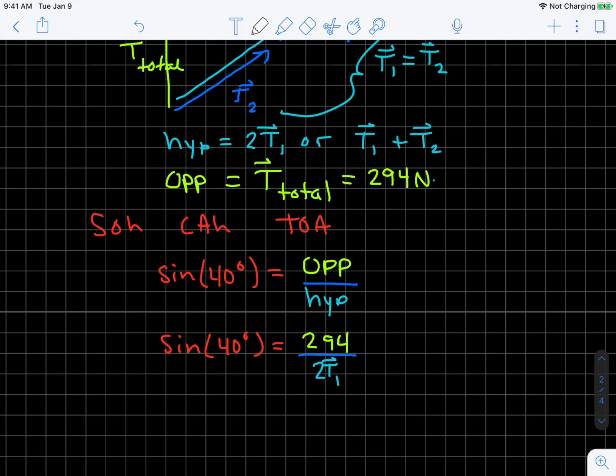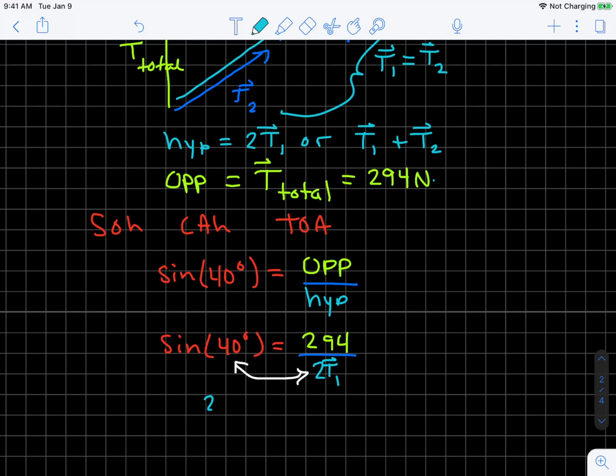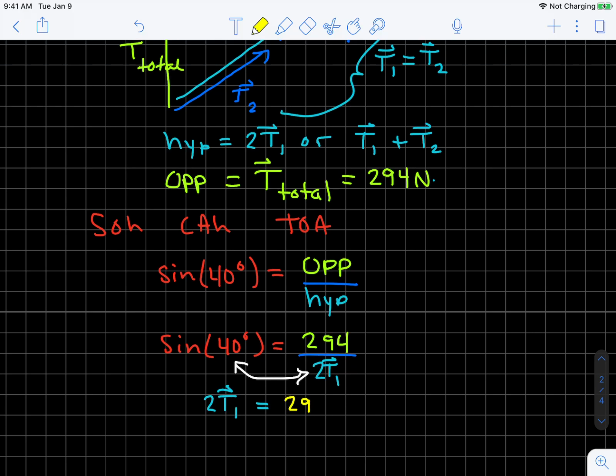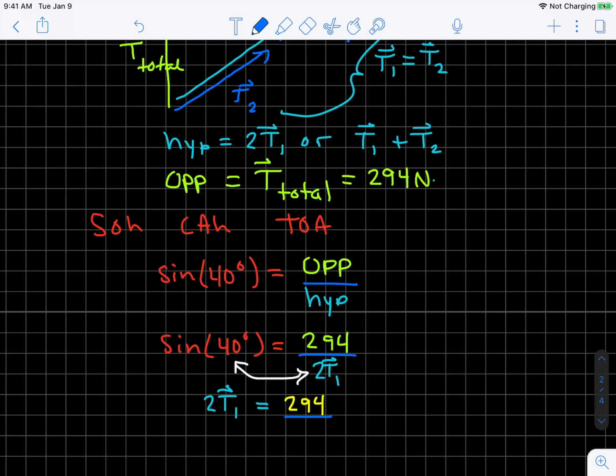All right, switch the denominator with the numerator, so flip-flop those so you can solve it. And you get 2 tension 1 is equal to 294 divided by the sine of 40 degrees.